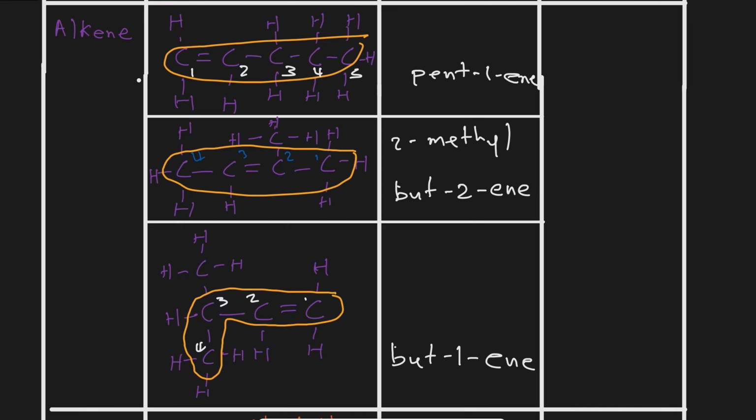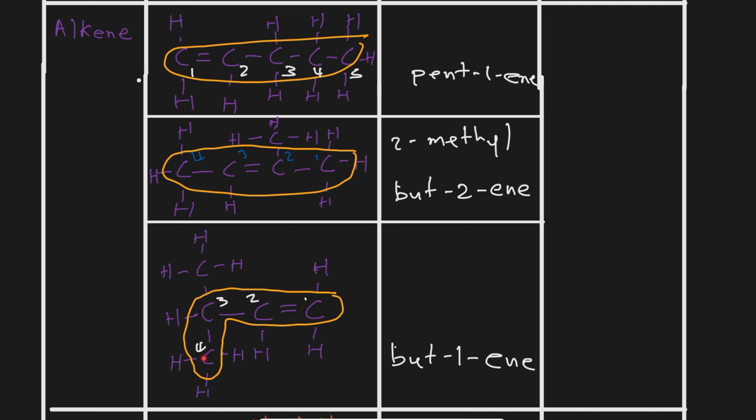The last thing that we need to identify is if we have branches. We can clearly see we have a branch. This branch is attached to the third carbon, since we have already named this from the functional group. Remember, you can't choose it from where the branch is closest. No, you have to select from where the functional group is closest.